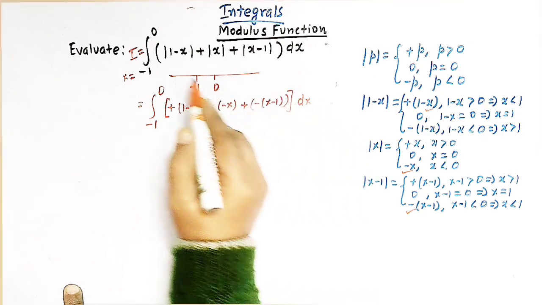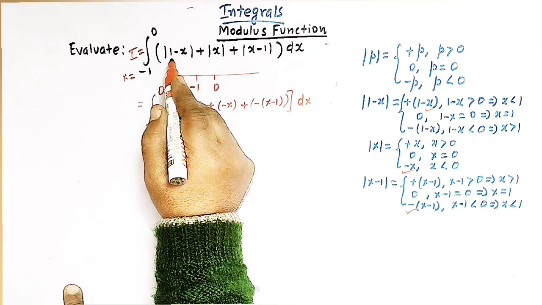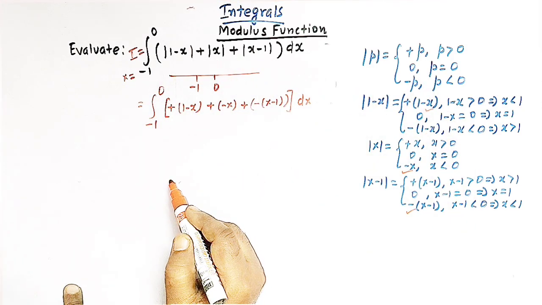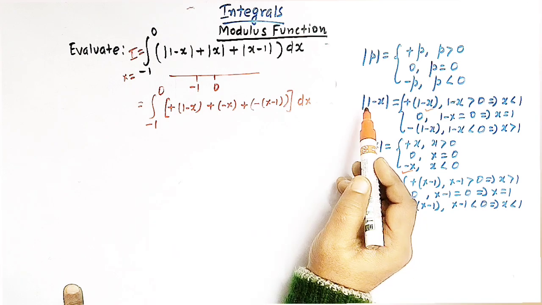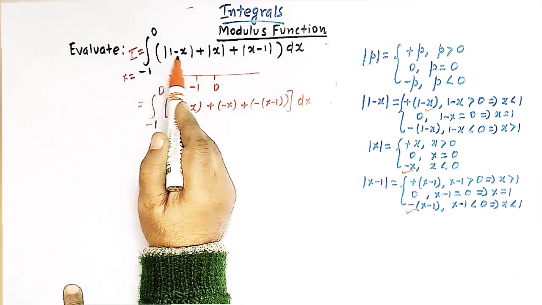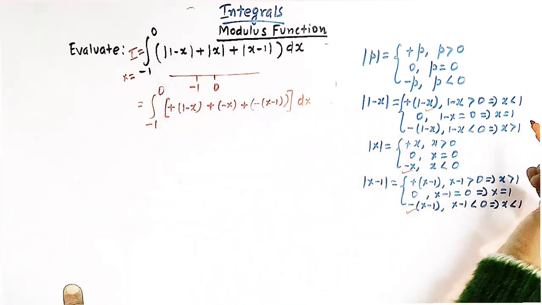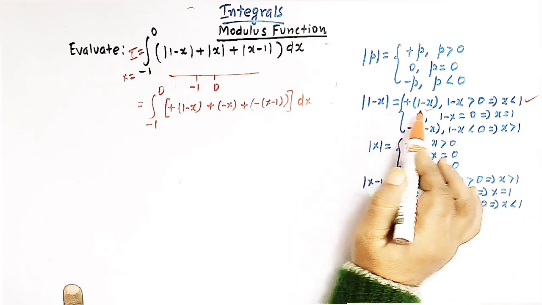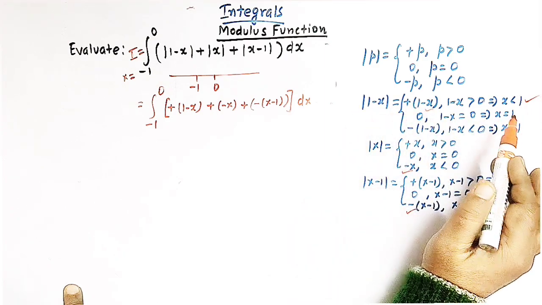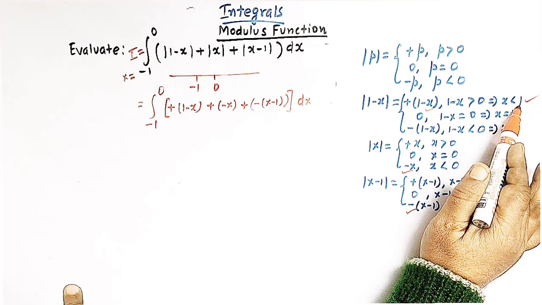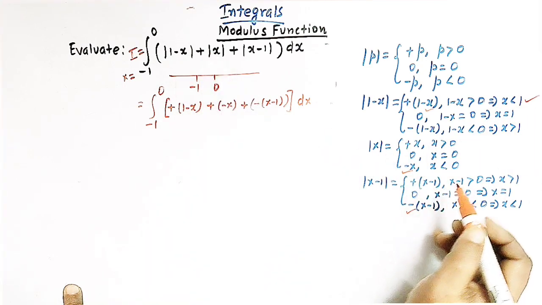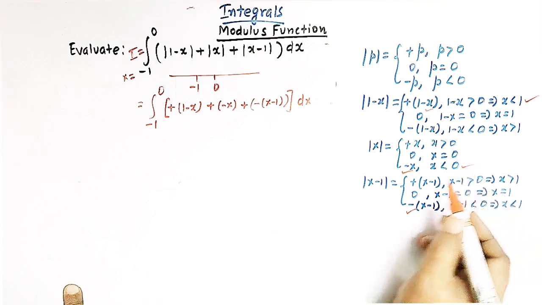So this is how we can simplify this integrand with the help of the definition of mod function, right? So in the first case, that is mod of 1 minus x, we will make use of this part of the definition. Mod of 1 minus x is positive 1 minus x when x is less than 1. And in the second case, mod of x, we will make use of this part of the definition.